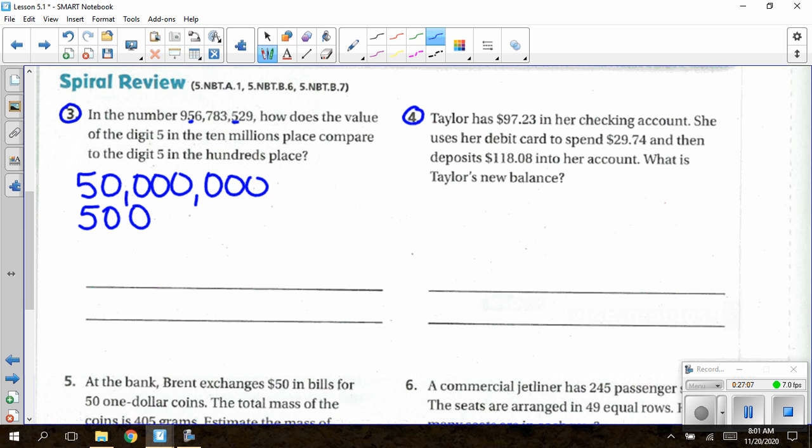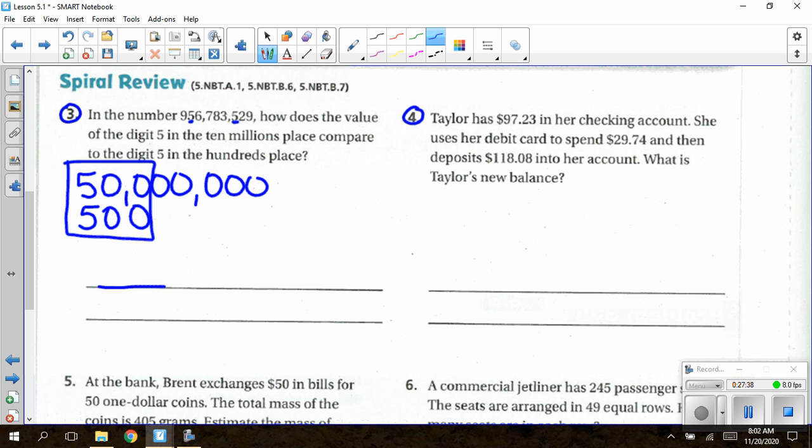Now I'm purposefully lining my two values up the way I did because I want the 5 and as many zeros lined up as possible. Because now what I'm going to do is place a box around everything that is the same. Now to figure out how many times larger the 50 million is compared to the 500, I would just place a 1 in front of the zeros that are outside of the box, and that will tell me how many times bigger.